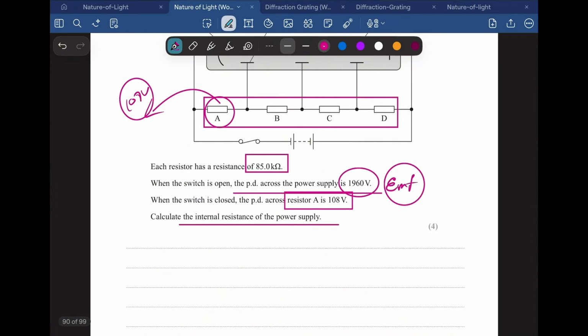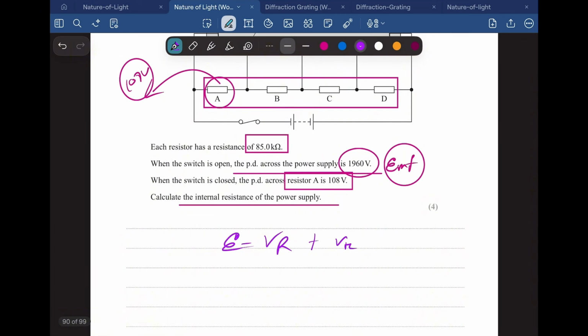Okay, for the internal resistance we know the formula is EMF is equal to the voltage across the fixed resistors plus the voltage across the internal resistor. So we know each of the fixed resistors has a PD of 108 volt. So how much will 4 of them have?